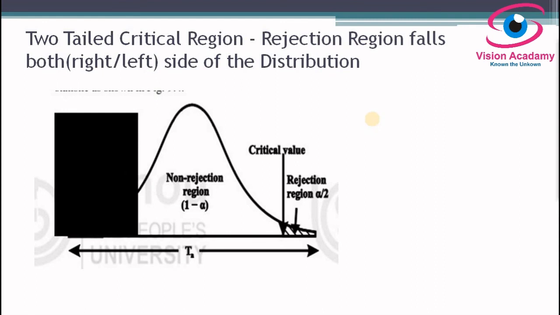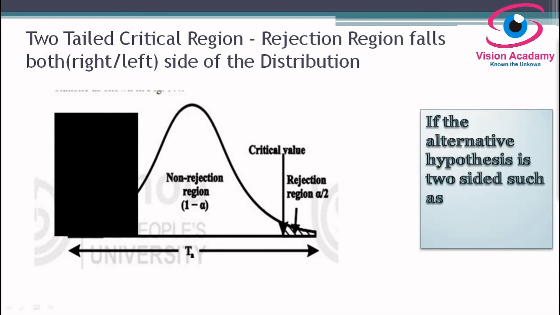So again you might be thinking how to identify a two-tailed rejection region. I will tell you again, you need to concentrate on the alternative hypothesis. If your alternative hypothesis is two-sided, such as theta not equal to theta 0 or theta 1 not equal to theta 2, usually theta 1 and theta 2 we consider for two populations.